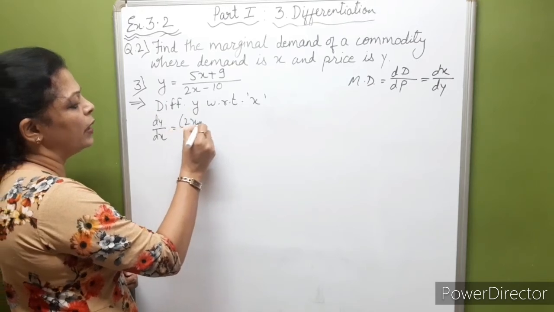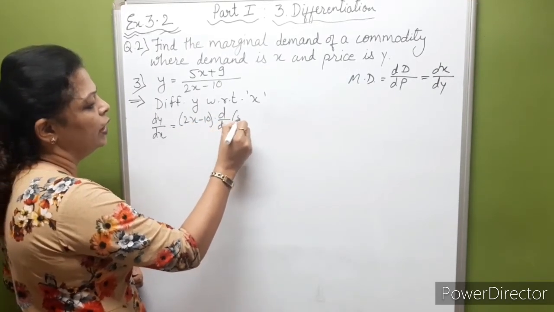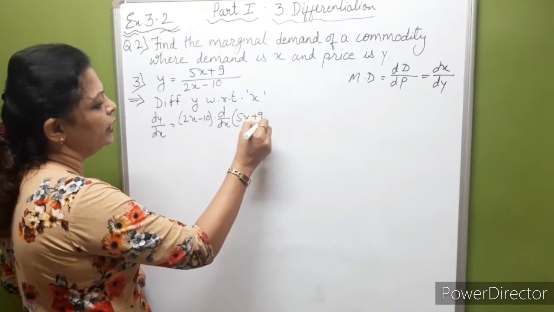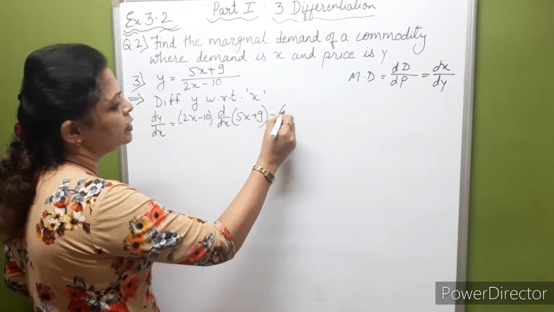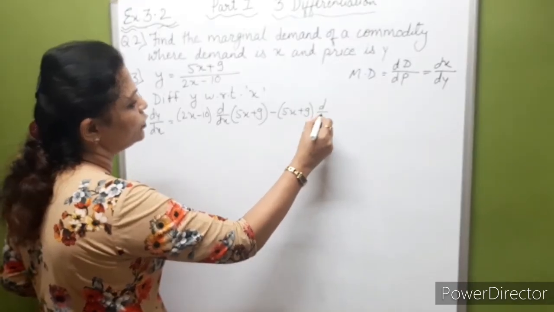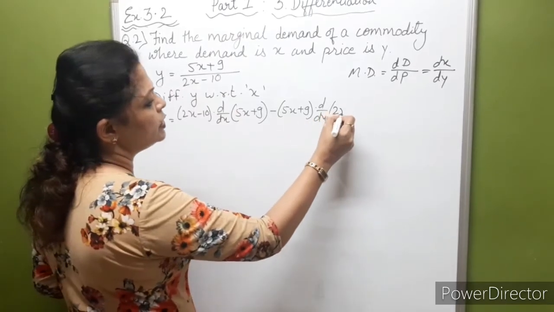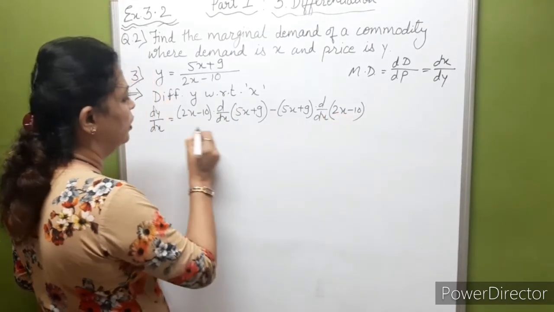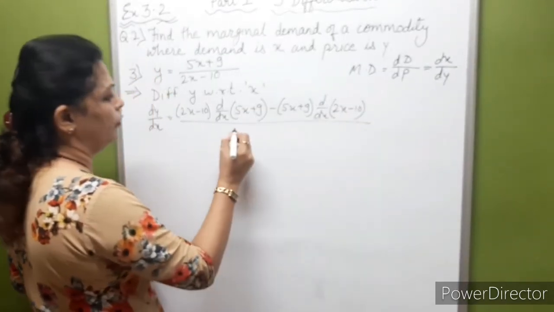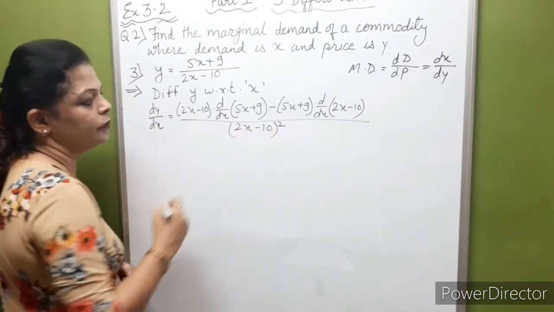So 2x minus 10 into d dx of 5x plus 9 minus 5x plus 9 into d dx of 2x minus 10, upon 2x minus 10 the whole square.